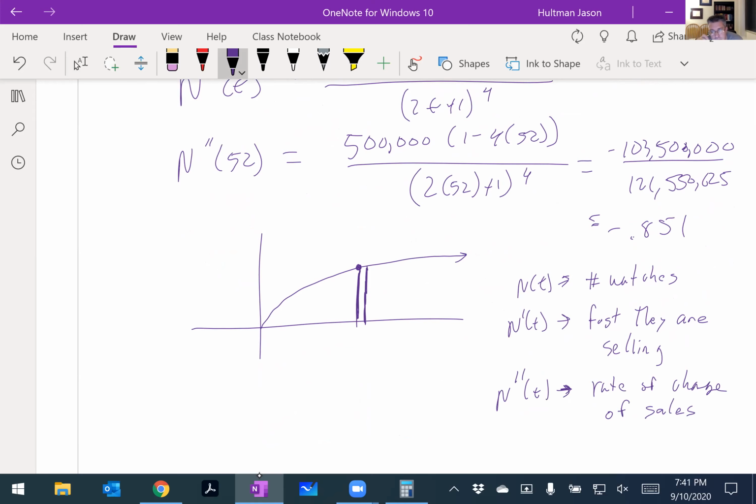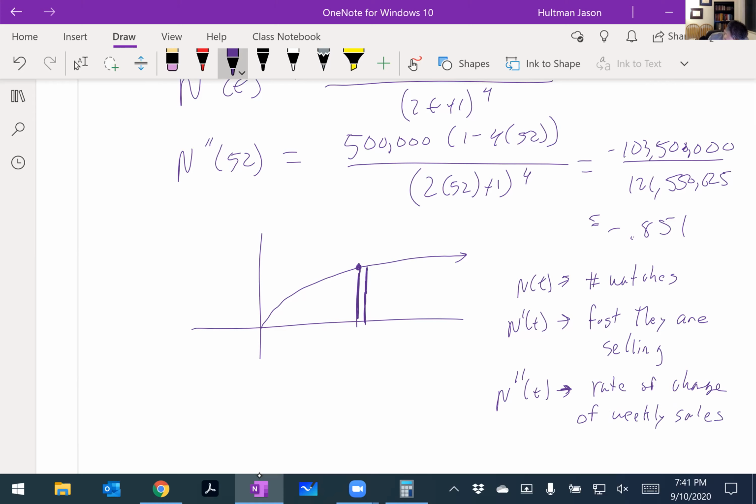If it's positive, sales are going up, they're increasing. If it's going down, sales are decreasing. I'm selling less and less. It's the rate of change of the sales, the daily sales. Maybe I should put daily or weekly sales. Sorry, rate of change of weekly sales.